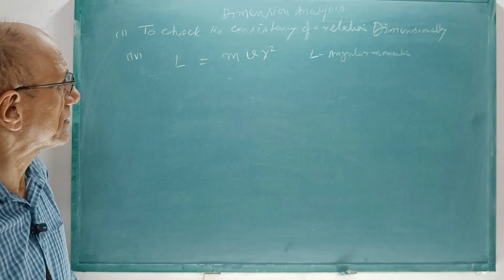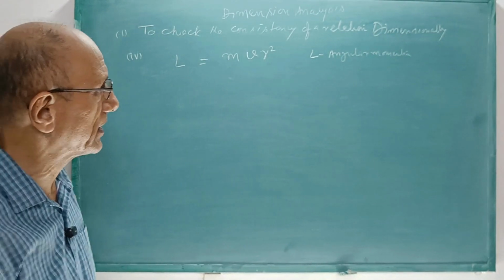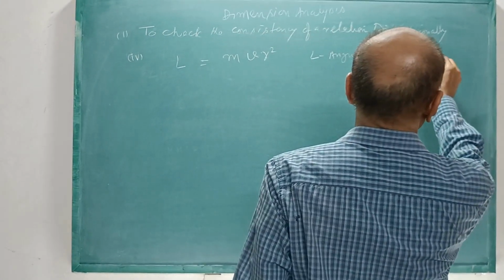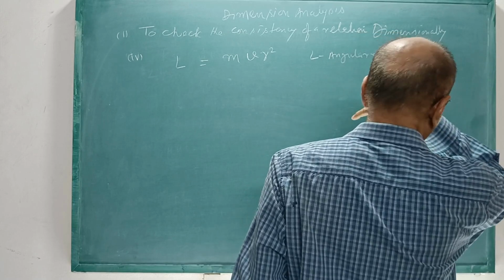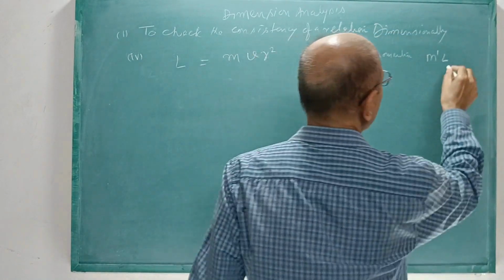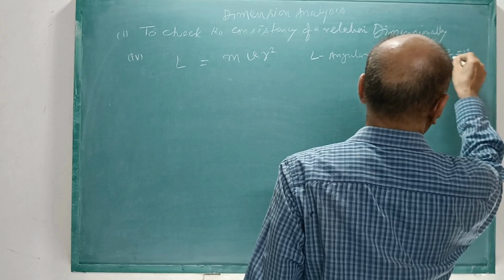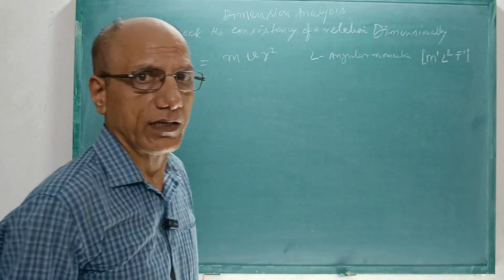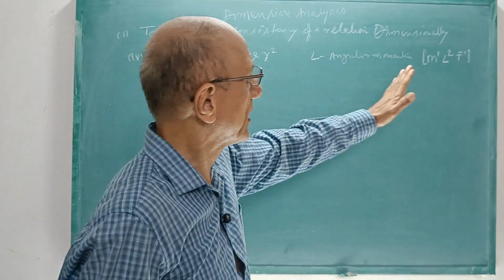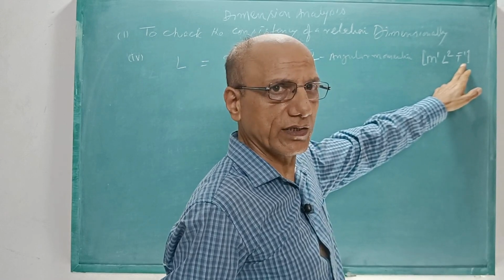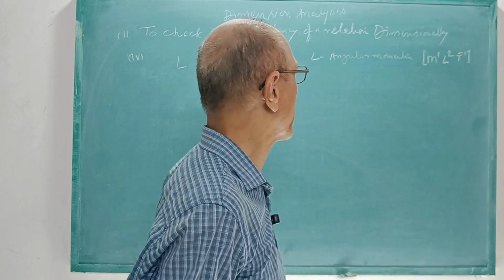So the relation for angular momentum is, dimensional formula is M1 L2 and T minus 1. This is r into p. So p is M1 L1 T minus 1 into r, that is L square.